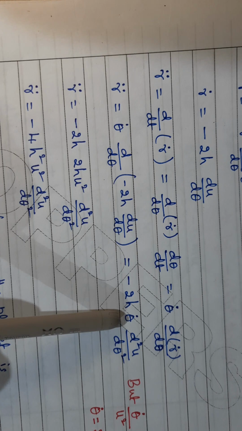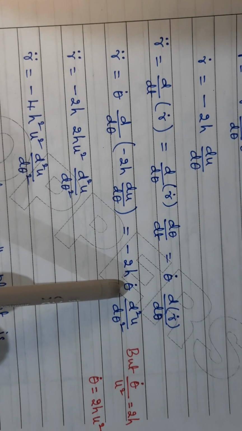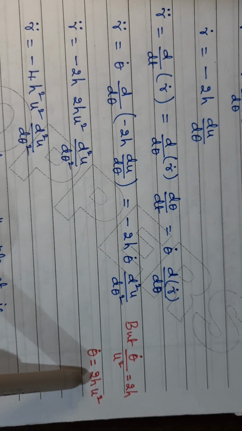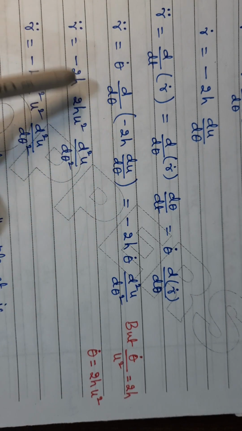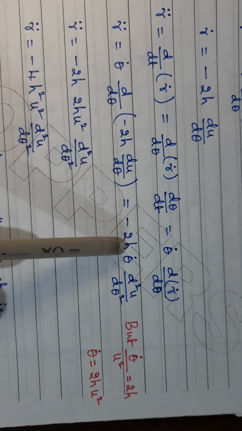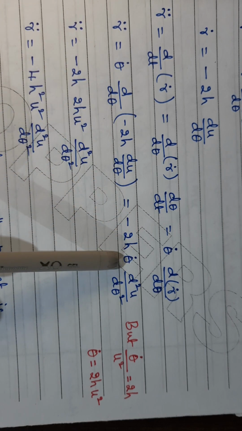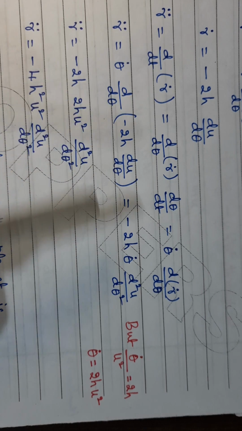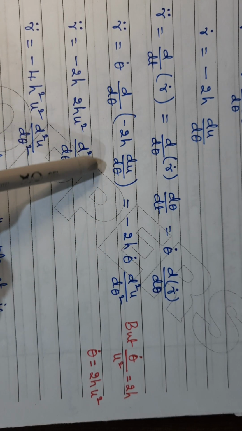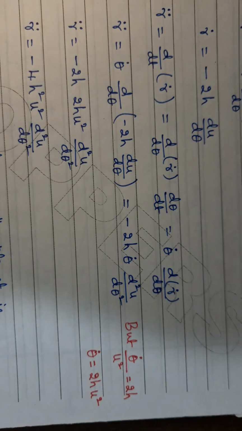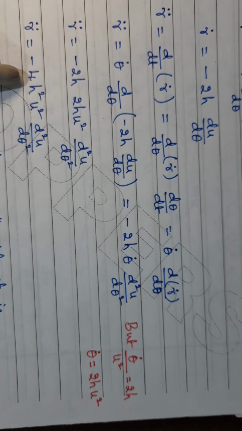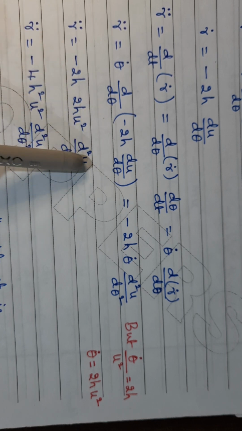For that theta dot, we substitute 2h u square: minus 2h, theta dot 2h u square, here d square u divided by d theta square as it is. Therefore, r double dot is equal to 2 2s are 4 h square u square d square u divided by d theta square.